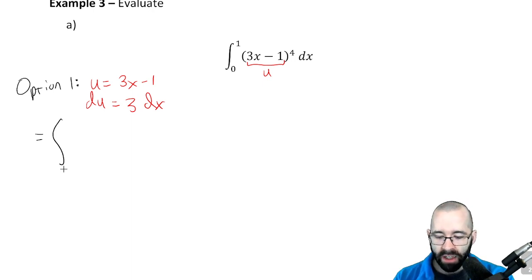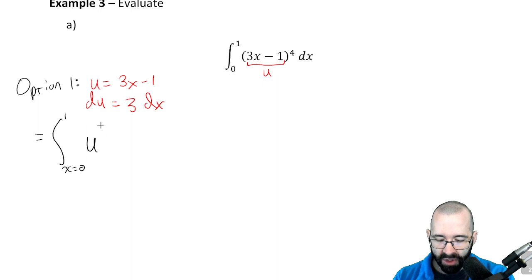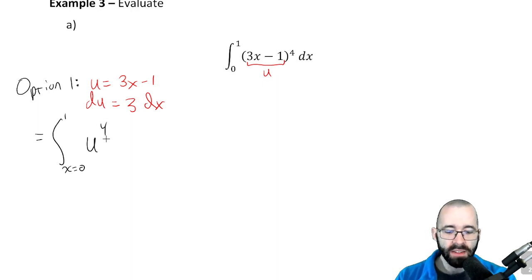So I'm going to be very clear that x is 0 up to 1. This is just notation saying, what are our limits referring to? Because we have two variables. Which one's which? And then we have u to the 4th times dx.